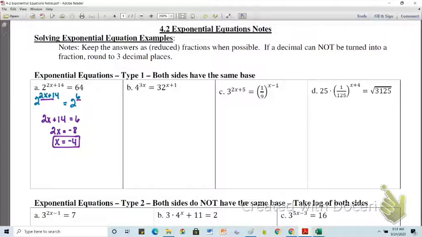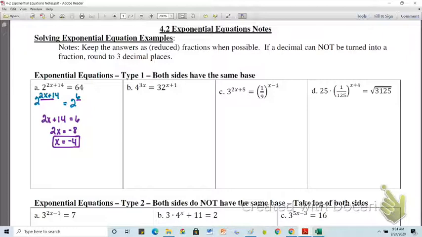Now if I look at B, 32 cannot be written as a base of 4. 4 to some power does not get me 32. So in some cases, I need to rewrite both sides of the equation using a common base. In this case, I'm going to rewrite them both as a base of 2.